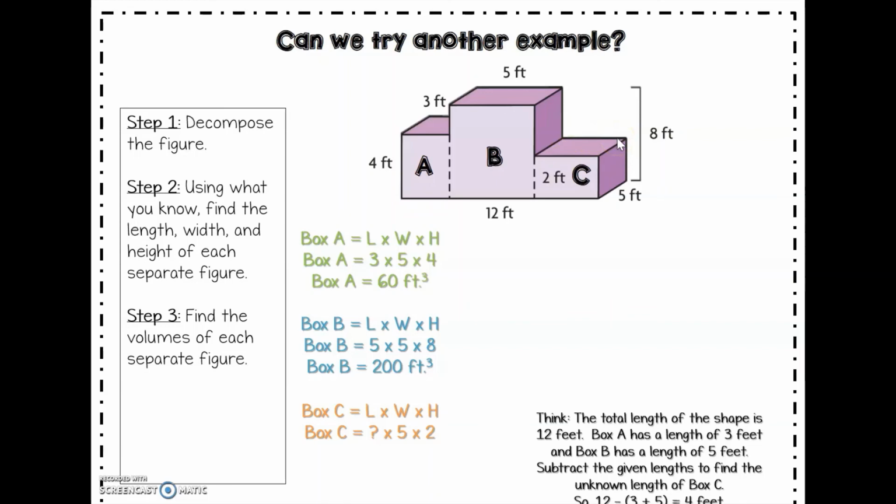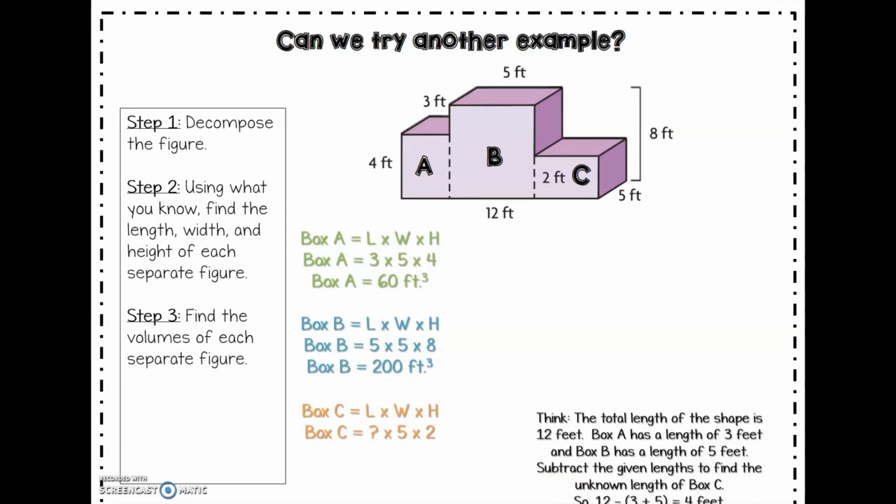So I have to think and break down using the pieces that I know. So if the entire shape is 12 feet, that's what this bottom dimension tells me, I know that box A has a length of 3 feet and box B has a length of 5 feet. So I can subtract those 2 dimensions from the full length, 12 feet, to get my missing length. 12 minus 3 is 9, and 9 minus 5 is 4.